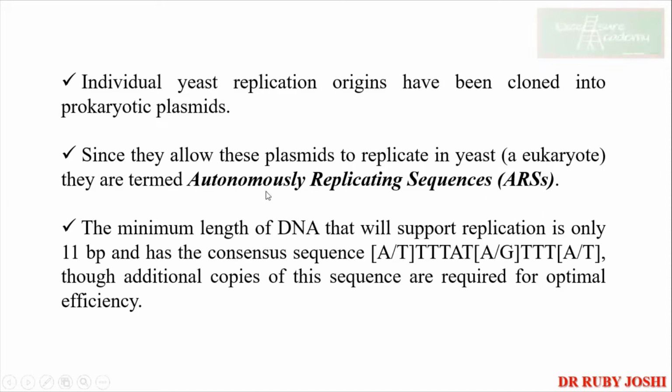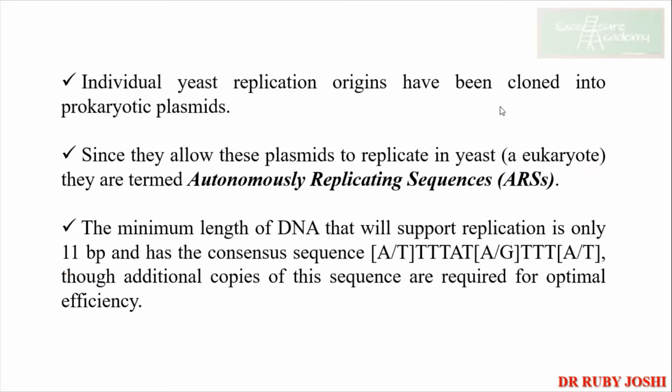Okay. So in the case of yeast, जैसे कि बैक्टीरिया में it was OriC, right? Remember OriC, the origin of replication in bacteria. In the yeast, it is known as autonomously replicating sequences, and the minimum length of DNA that will support replication is around only 11 base pairs and has this sequence. Okay, याद करने की जरूरत नहीं, just for reference, you don't have to memorize the sequence by heart.